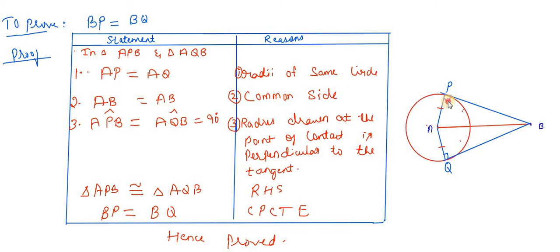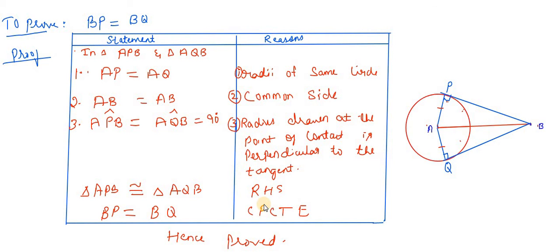And in these triangles, this angle and this angle measure 90 degrees, because the radius drawn at the point of contact is perpendicular to the tangent. So therefore triangle APB is congruent to triangle AQB according to the RHS postulate, right hand side postulate. If 2 triangles are congruent, then their corresponding sides are equal. So BP is equal to BQ according to corresponding parts of congruent triangles.